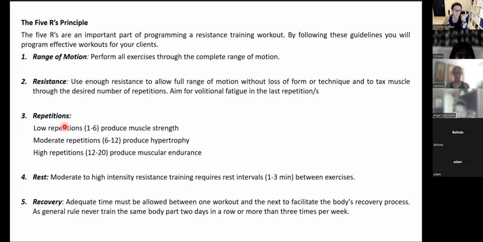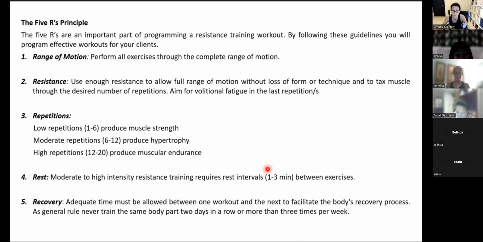Make sure that your repetitions are according to what you want to achieve: strength, hypertrophy, endurance. And also that you have rest in between the sets. Not in between your training units, in between the sets. The more intense, the heavier you go, the more rest you need.